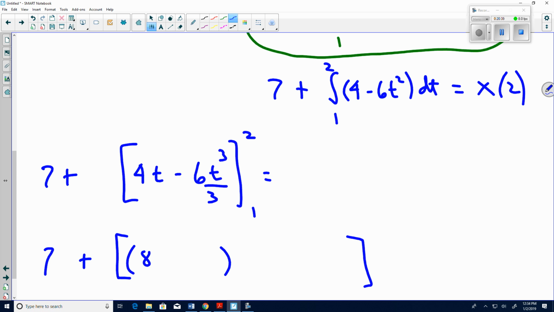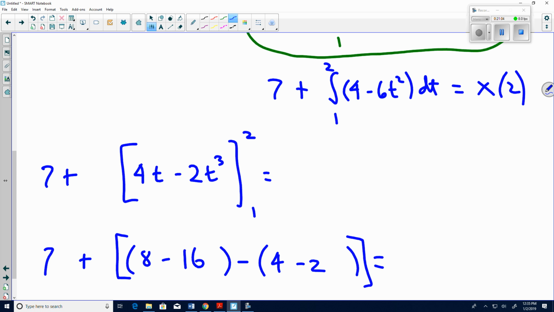This cleans up to what? Just 2t cubed. Let me write it that way to make it a little easier to see. We're putting the upper bound in, so 2 cubed is 8 times 2 is 16. And then we put in the lower bound. We put 1 in and we get 4. And we put 1 into there and we get minus 2.